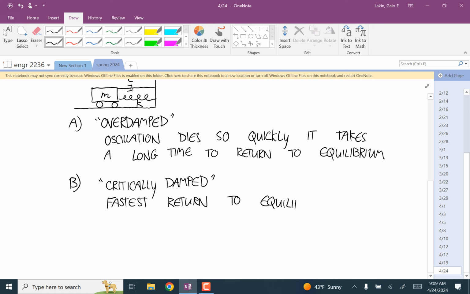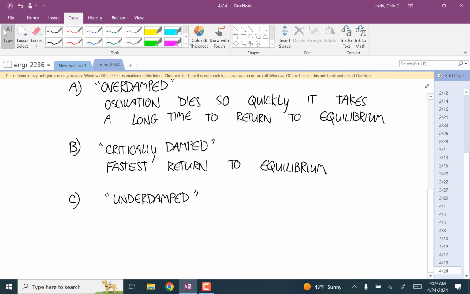And then the last one is underdamped. And it's not particularly useful as something you're trying to achieve, but this is the one that's the most interesting mathematically. And it's going to bring up something that's such an important relationship in applied math.